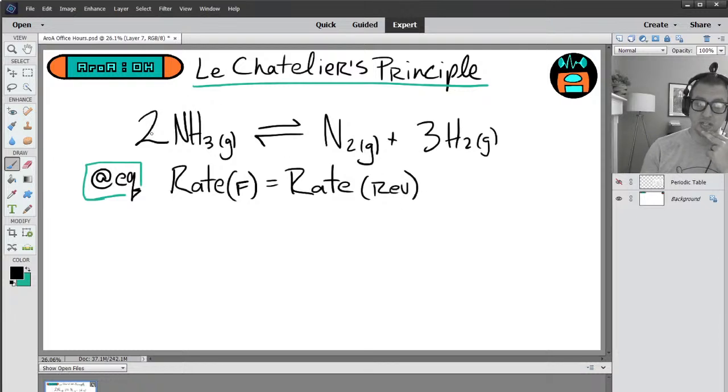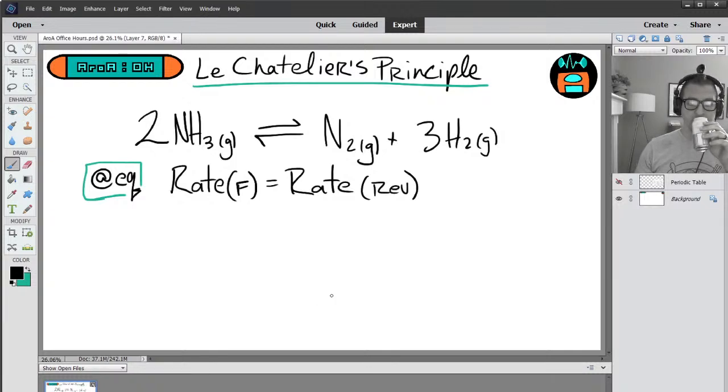That the speed at which ammonia is decomposing into nitrogen and hydrogen is equal to the speed at which nitrogen and hydrogen are reacting to reform ammonia. So you get this constant loop where the two rates are equal, and as fast as one is reacting away, it's being replenished by the reverse reaction.